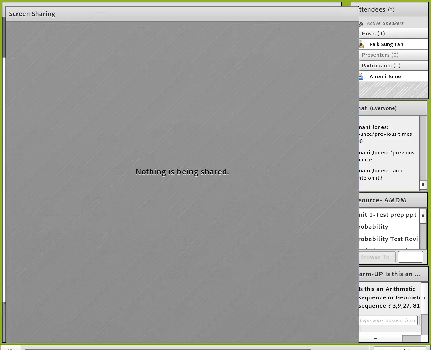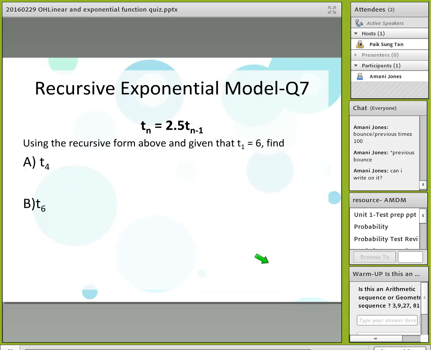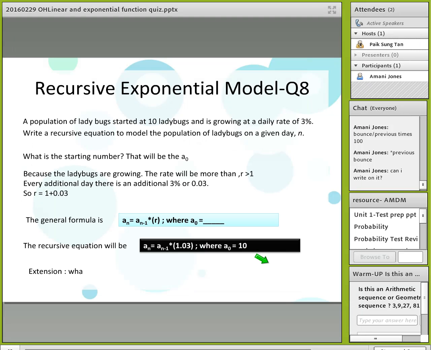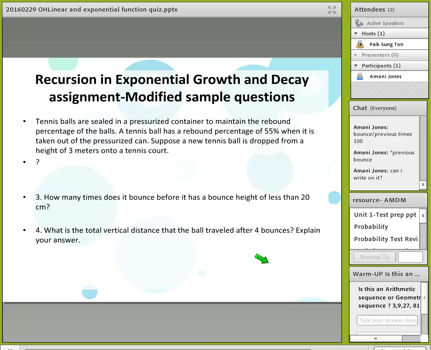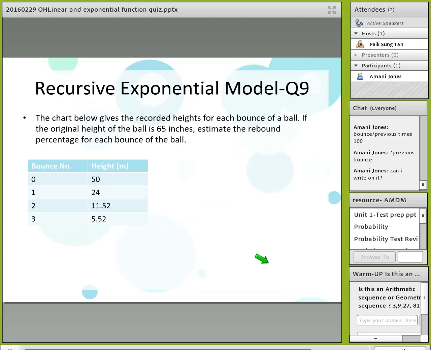Let me see. Yeah, I'll let you write on it. Let me get to that page. Right here. You can write on it now. Are you trying to write? I'm letting you write. Are you able to move your pen?